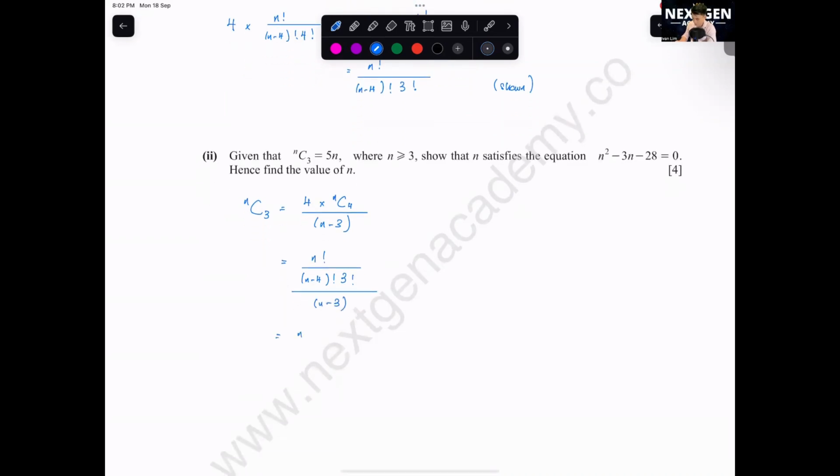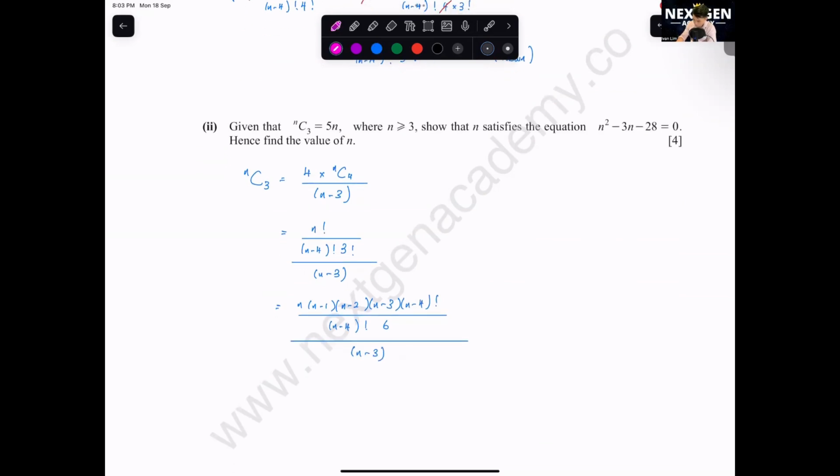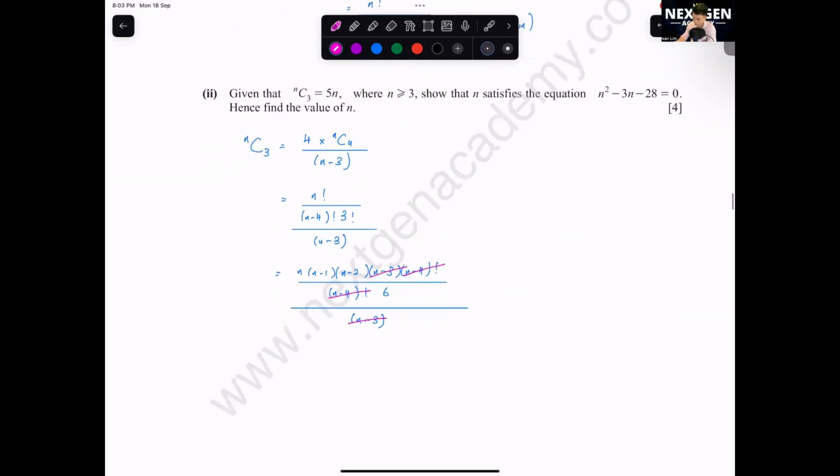Then we open out the bracket: n times (n minus 1), (n minus 2), (n minus 3), (n minus 4) factorial, over (n minus 4) factorial, 3 factorial will be 6, over (n minus 3). So here (n minus 4) factorial and (n minus 4) factorial cancel off, (n minus 3) and (n minus 3) cancel off. So we'll be left with n times (n minus 1), (n minus 2) over 6. This is my nC3.